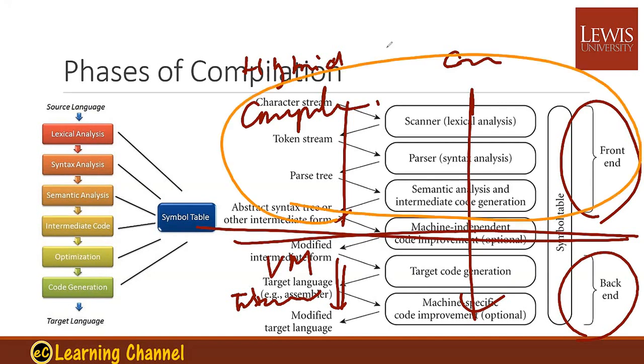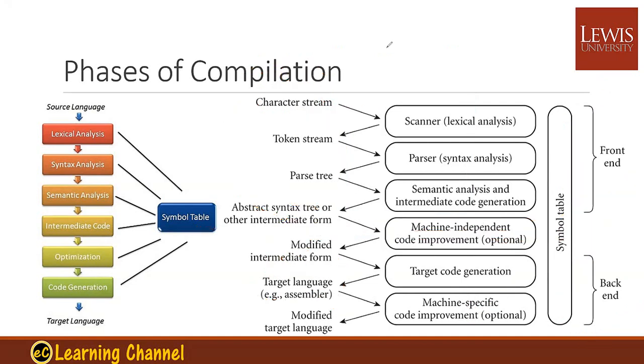Question: about C and C++, they don't do the intermediate form at all, or do they? You can dump assembly, or you can dump object code, .o code, and that's an intermediate form. Yes, they do have it.